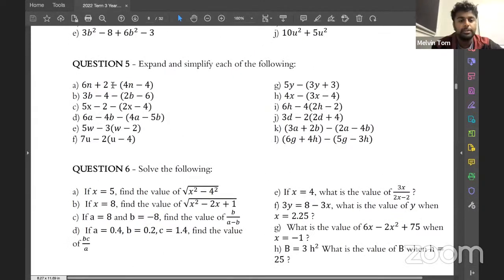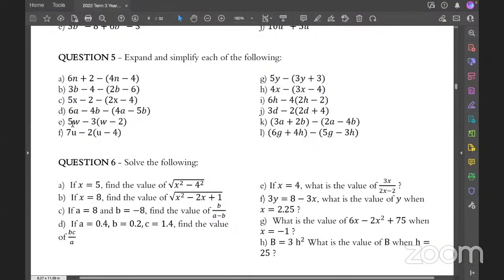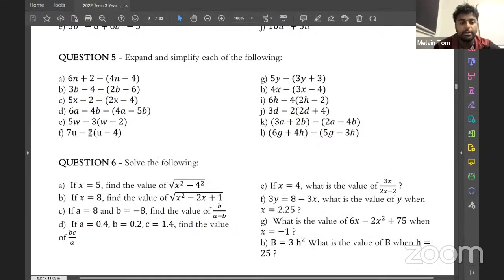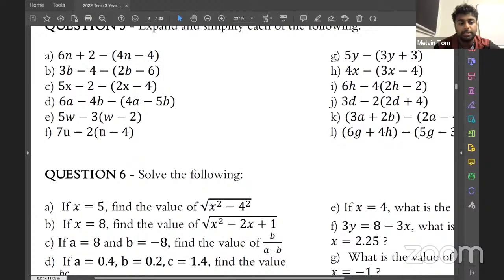No, so what you do is you expand it first. That negative sign there just means -1 bracket. So you expand it by multiplying -1 with that number. Do you understand? Yeah. So for example, for F, you do -2 multiplied by u, -2 multiplied by 4. So expand it out first.